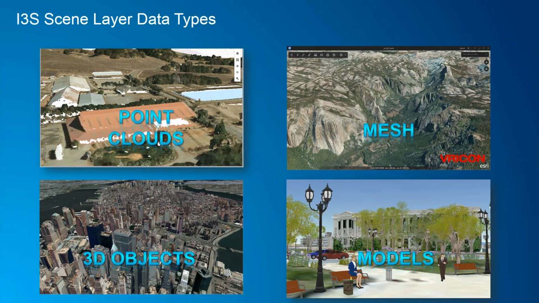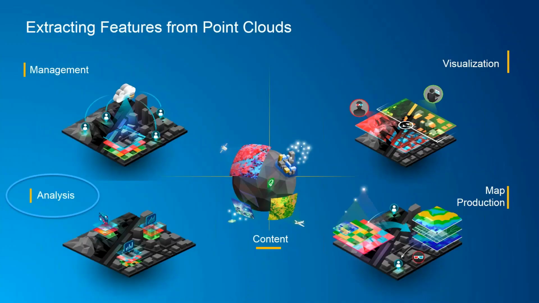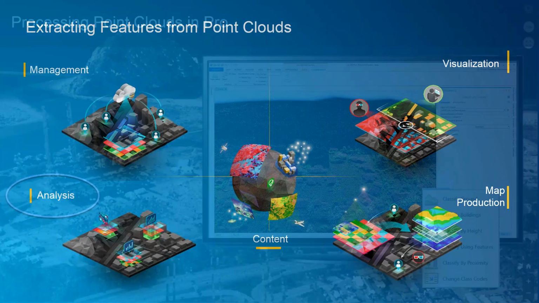And the same goes with models. If you just have a point cloud and it has an attribute associated, maybe this one is a person or a light post or a tree, you can actually have the system display the models associated with that attribute that's associated with that particular point on the ground. So that's really what the I3S scene layer is designed to do, is to present that in a web environment and be able to access your 3D data in a very visual setting.